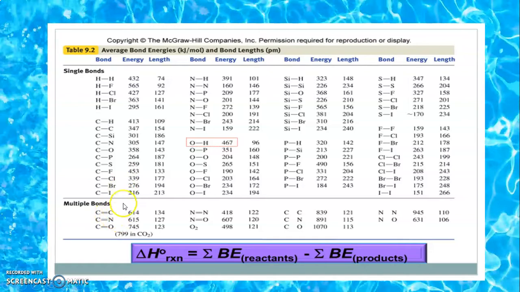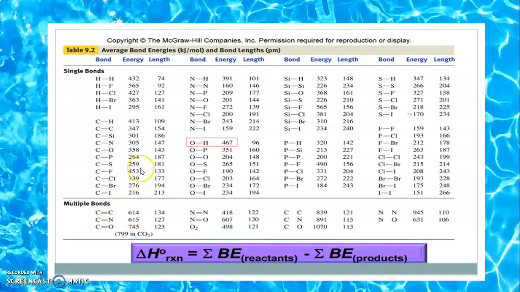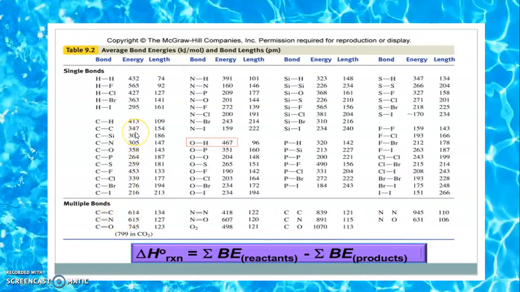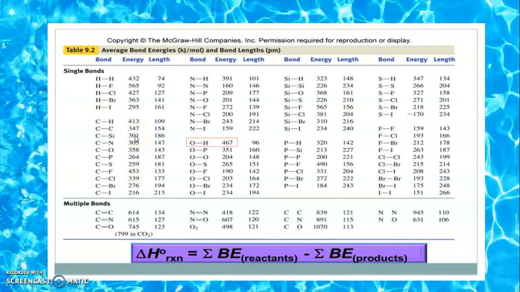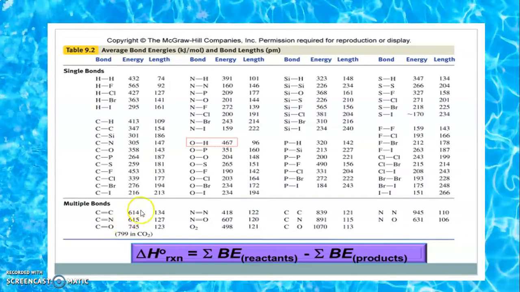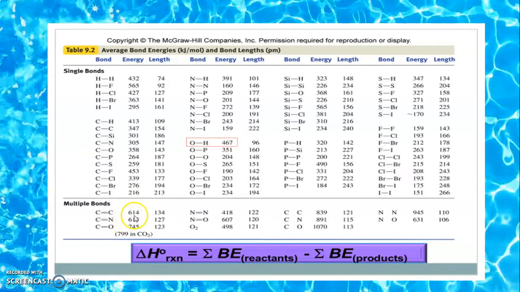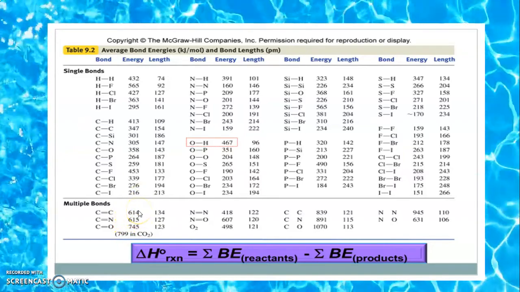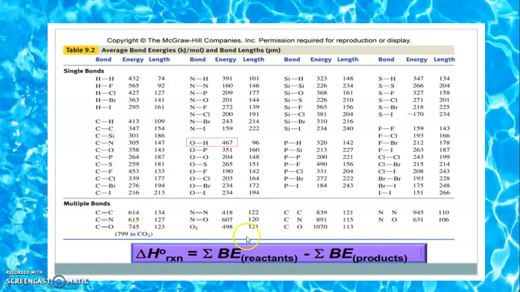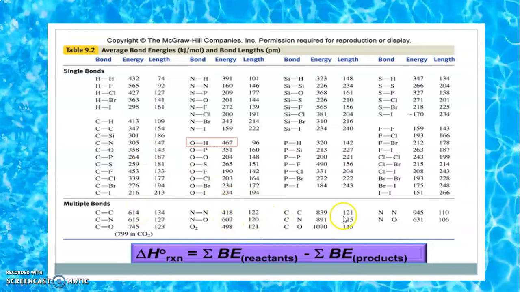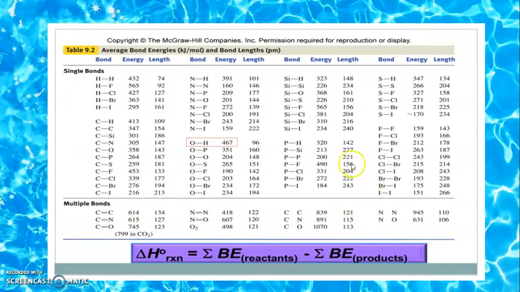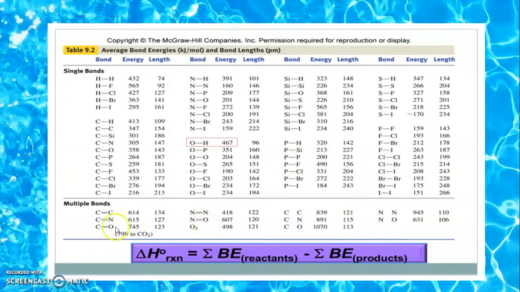So the carbon double bond is stronger than the carbon single bond, right? So more energy is needed to break the carbon double bond. There's no data for carbon triple bond here.